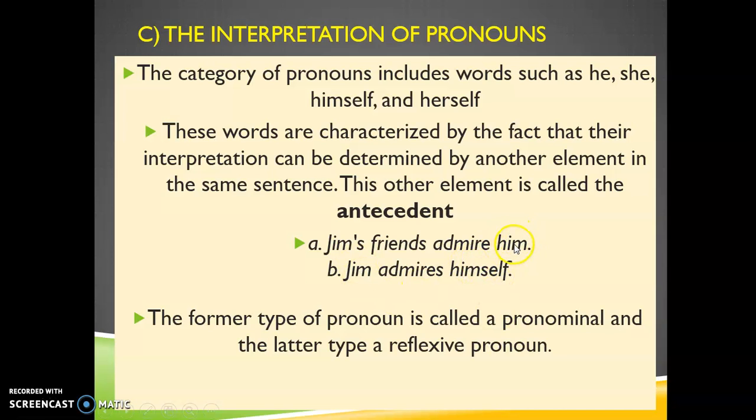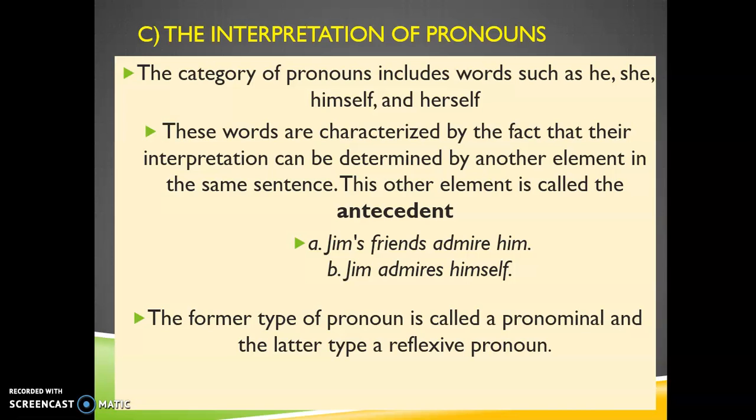But what's the difference here? Because we said Jim's friends admire him, okay? When I'm talking about this pronominal, do I refer to Jim's friends, or can I refer to any other person? So, Jim's friends admire him. I can admire, for example, Jim's father. I can talk about any other person.